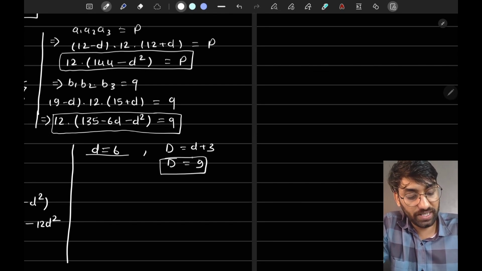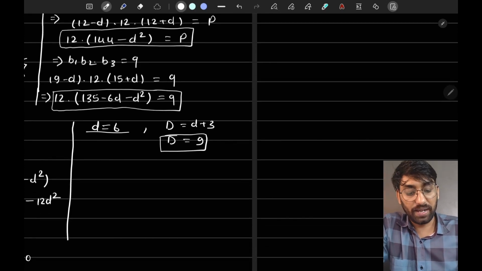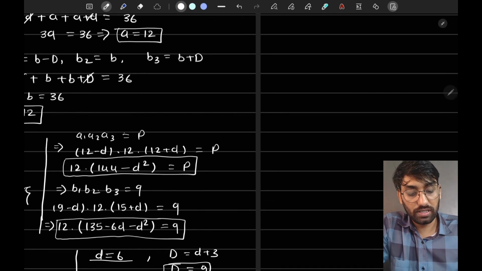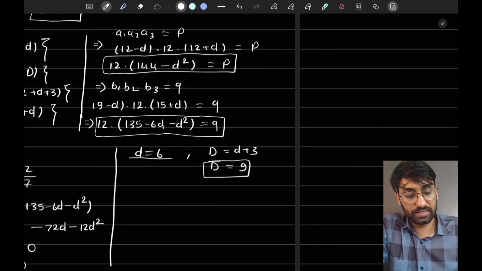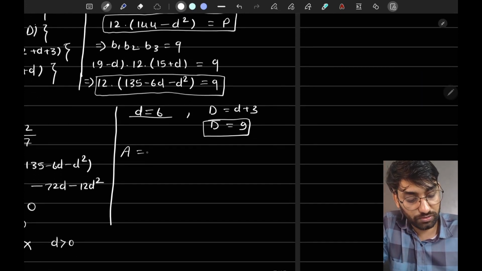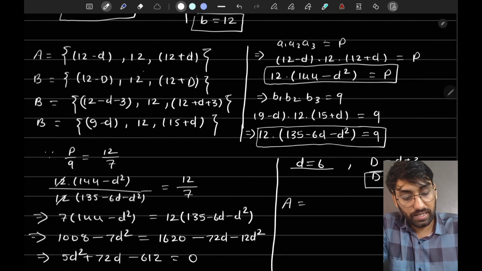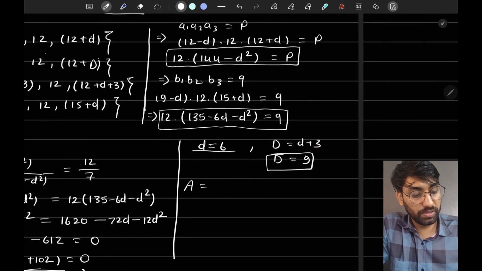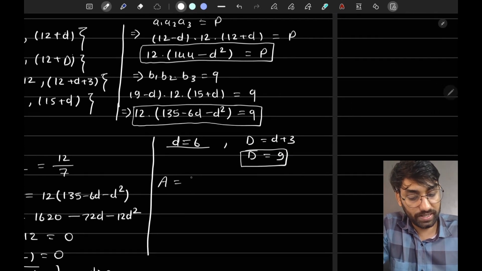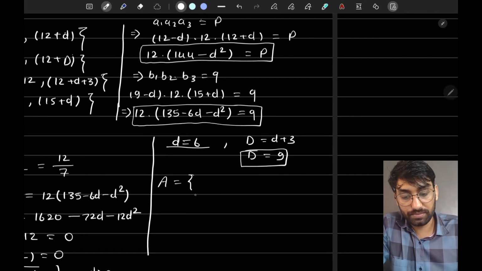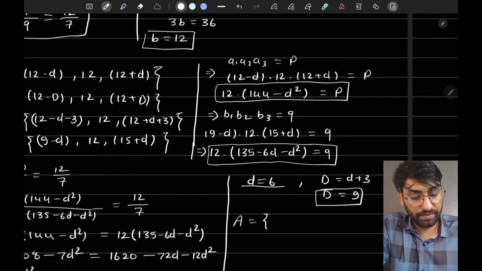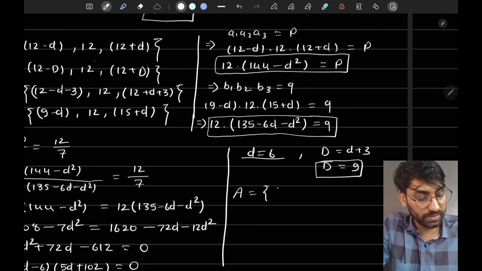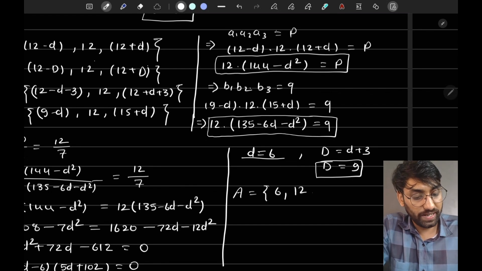Now I have the value of capital D, and I can find A and B also. A was 12 minus d, 12, and 12 plus d, and d is 6. So A becomes 6, 12, and 18.